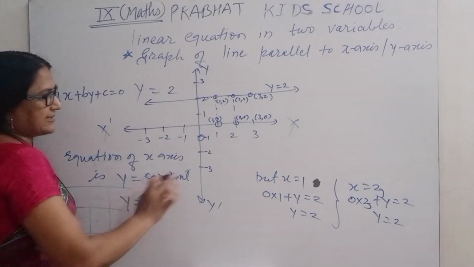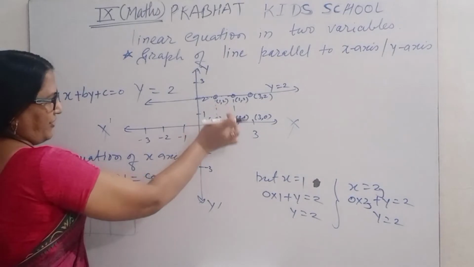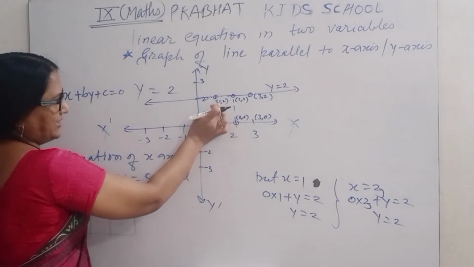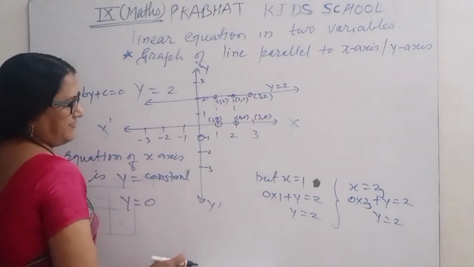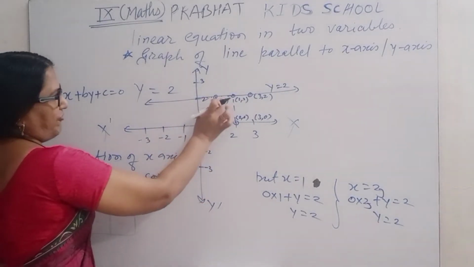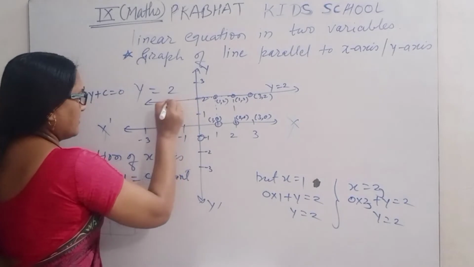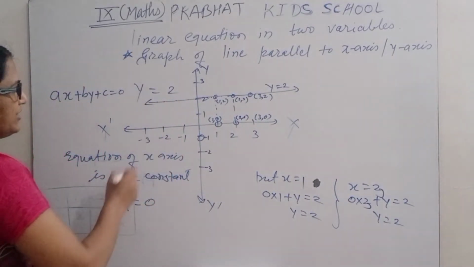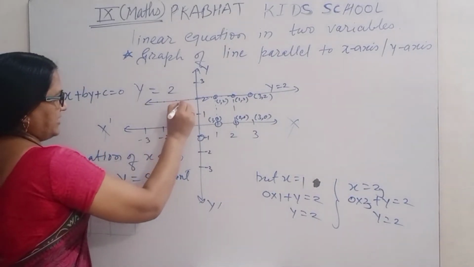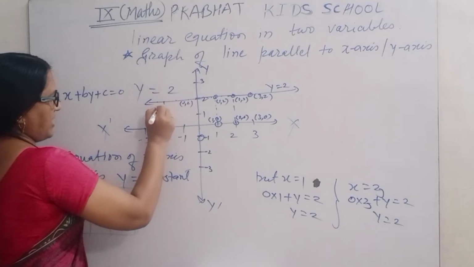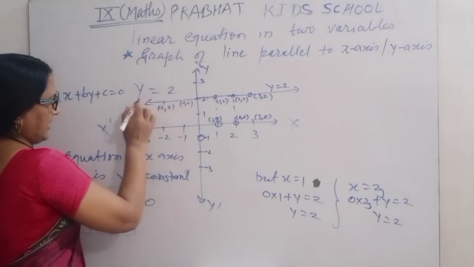Parallel to the x-axis means the values of the x coordinates are different. Here is 1, here is 2, here is 3, but the value of y is constant for every point. It is only 2. Here is (-1, 2), here is (-2, 2), then here is (-3, 2).